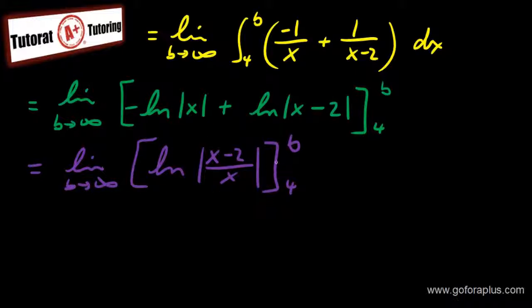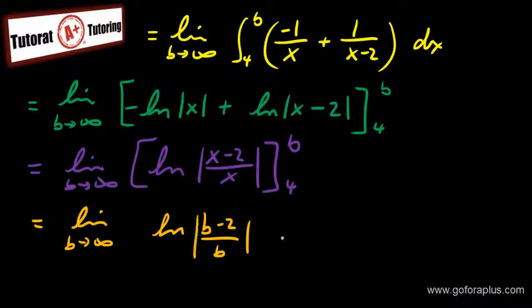Now, if you plug back the b and the 4, what I have is the limit as b approaches infinity of ln of (b minus 2) over b, subtract ln of (4 minus 2) over 4. This part is 2 over 4, so 1/2. This is ln of 1/2.